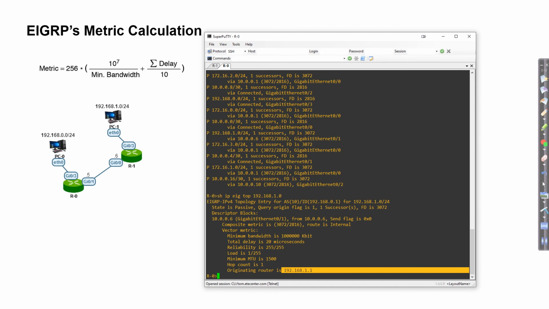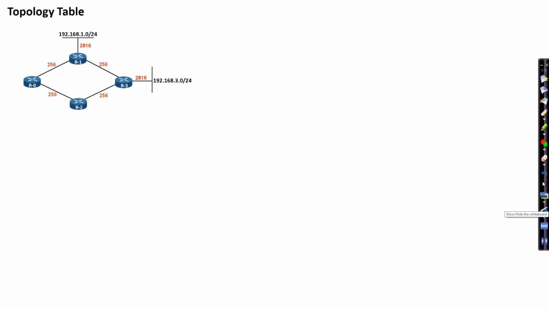Now let's head on over to the topology table, where we take a look in detail at how router 0 built its entire topology table. And last in our video segment is the topology table. Here I will be focused on router 0 and 192.168.1.0 and 3.0.